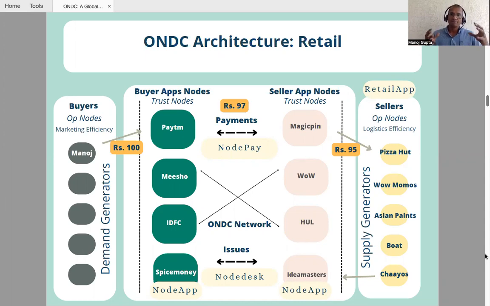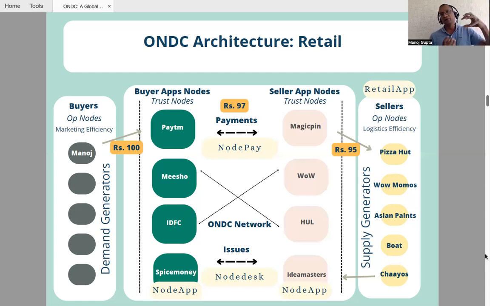Now, how do I know if I want to be a buyer app or seller app? If you have a large network of consumers, if you're getting a lot of traffic on your platform, let's say for example, if you are Airtel or Vodafone, or if you are MyGate, or if you are ShareChat, or Paytm and PhonePe, wallet companies already there, or if you are a bank getting a lot of traffic on your mobile app, you can be on the buyer app side.